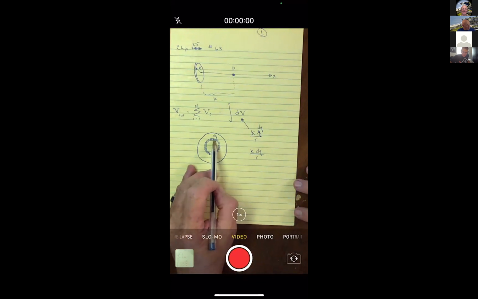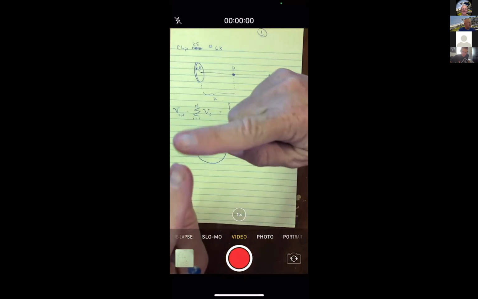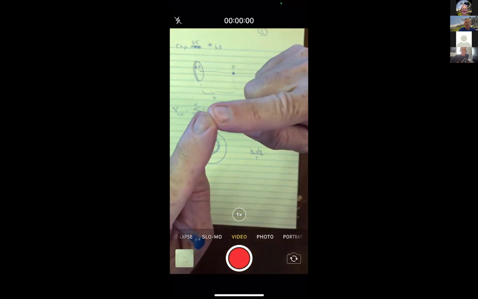Do you see how all these dq's in this ring would be the same distance away from this point P?